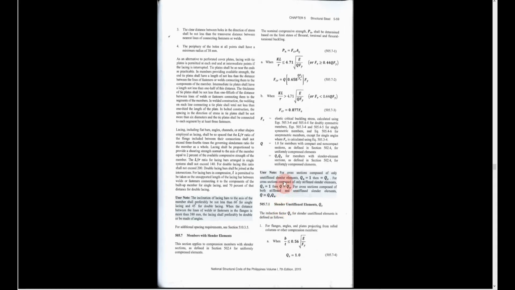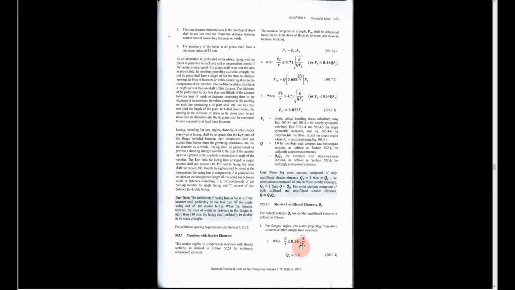And we have here, for slender and stiffened elements, on which we will use a reduction factor QS, and the reduction factor QS can be determined only depende kung ano yung nasatisfy na limit.